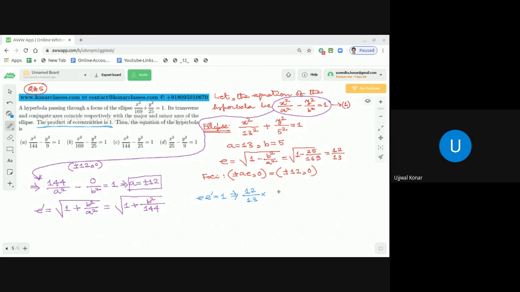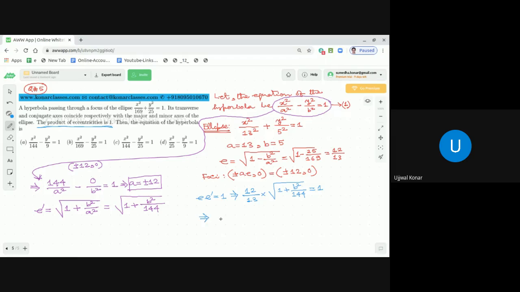E prime is equal to square root of 1 plus b square by 144. That is equal to 1. Now, from here what we can get is that square root of 1 plus b square by 144 is equal to 13 by 12.